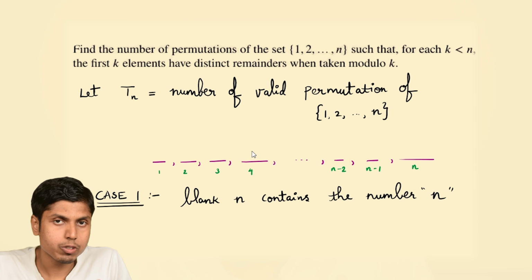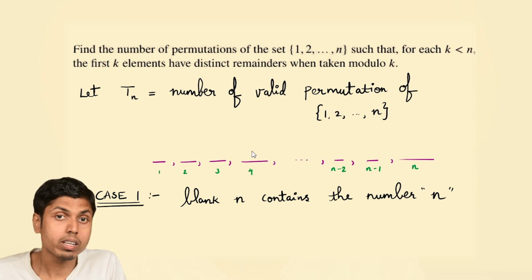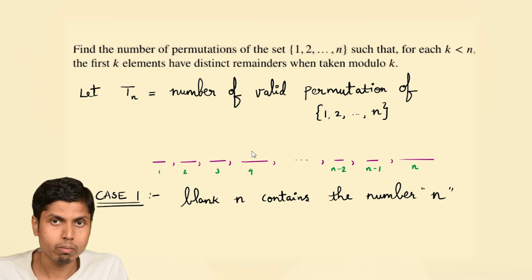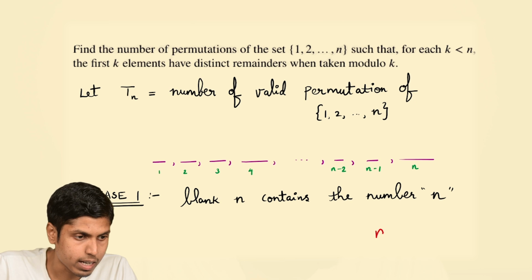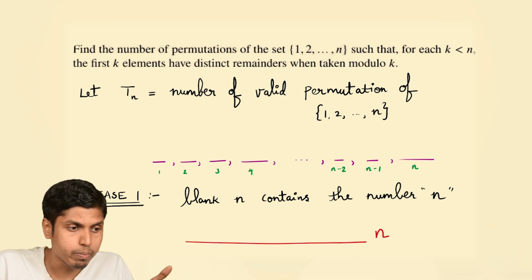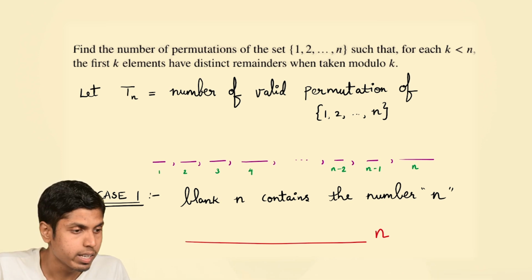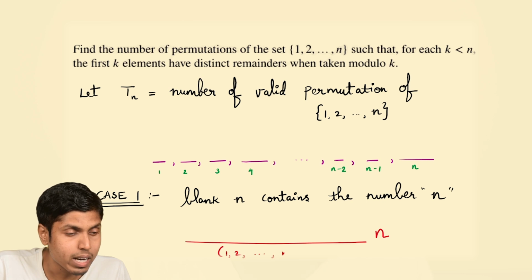Under this assumption, we are going to express the number of valid permutations in terms of Tn minus 1, Tn minus 2 and so on. So if it contains n in the last blank, then the remaining blanks before the last blank will have the numbers 1, 2 till n minus 1 in some order.